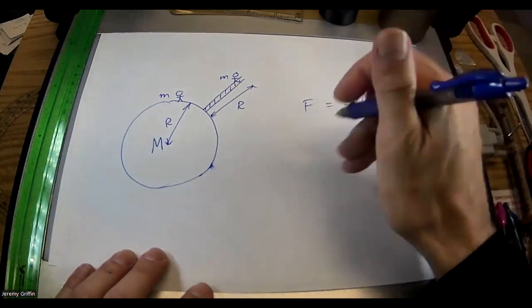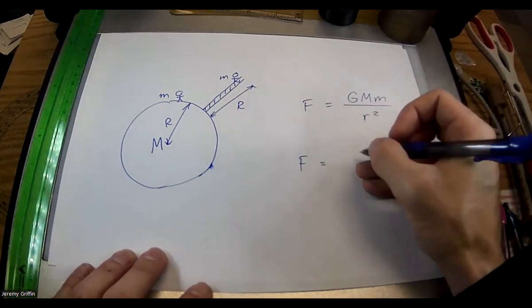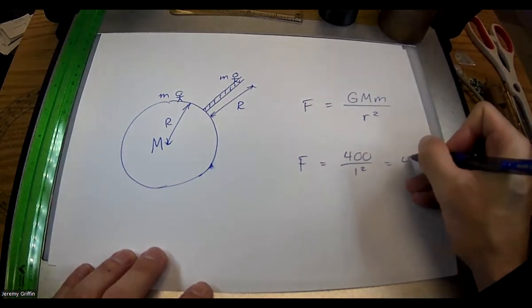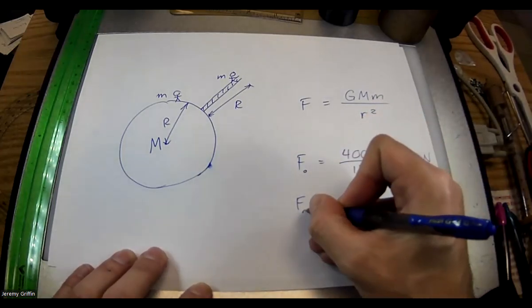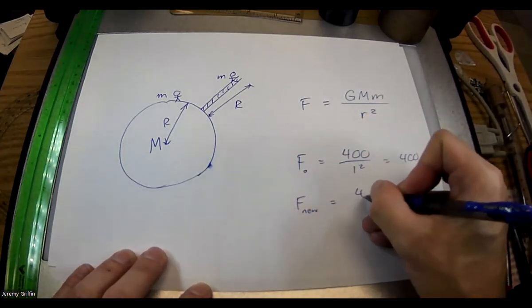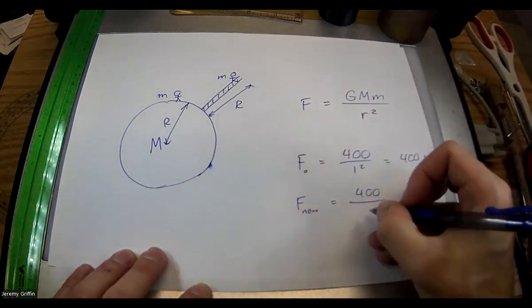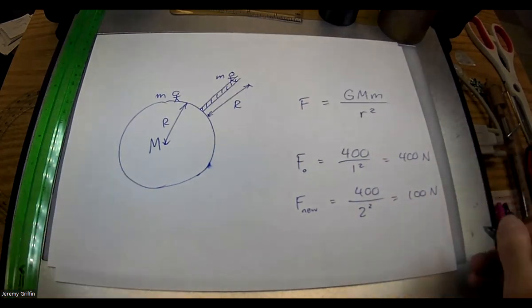So suppose this comes out to 400 divided by 1 squared is equal to 400. And it's going to be newtons. The units are crazy, but if you double that r, 2 squared is 4. So now we're down to 100 newtons.